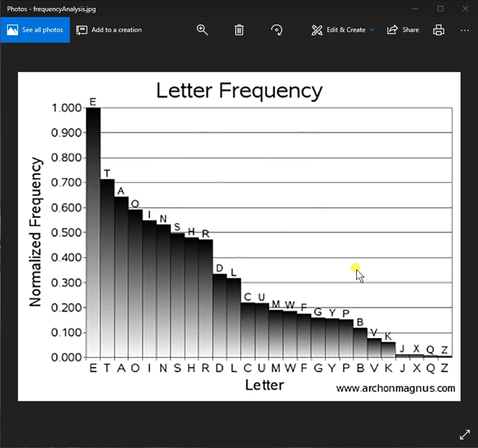You could then tell the computer to print out a list of all the letters that are in the puzzle in the order of which one comes the most often, which one comes the least often. And it might be all kinds of nonsense, X, J, T, H, who knows. It would be the cipher letters. And then you could correlate that with this letter frequency chart, and you could try to make your best guess.